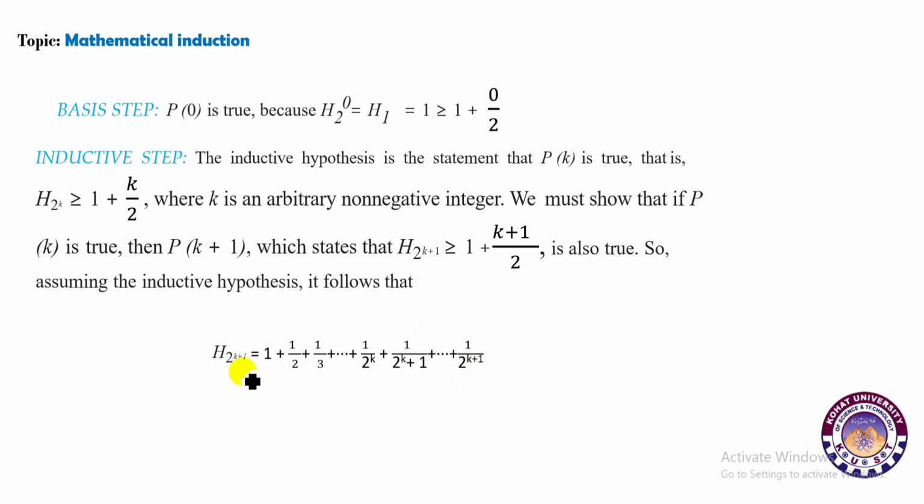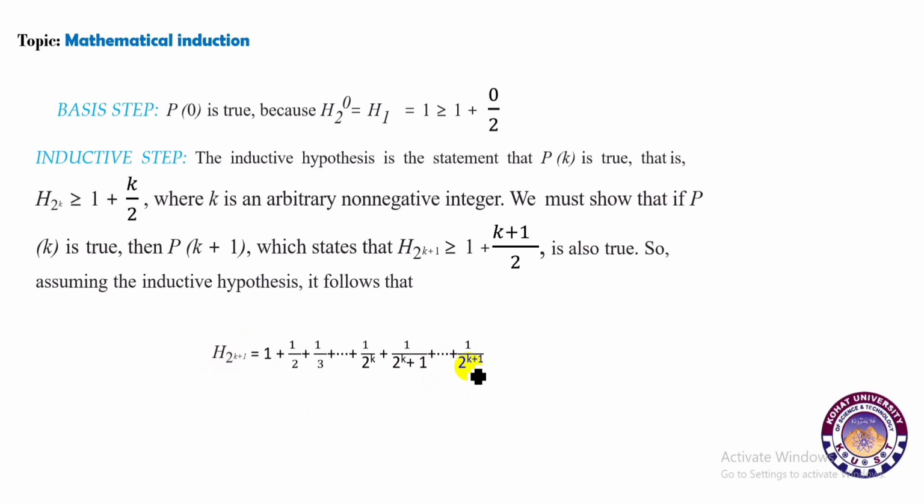H subscript 2 raised to the power k plus 1 means the sum of the first 2 raised to the power k plus 1 terms of the harmonic sequence. The last term is 1 over 2 raised to the power k plus 1.